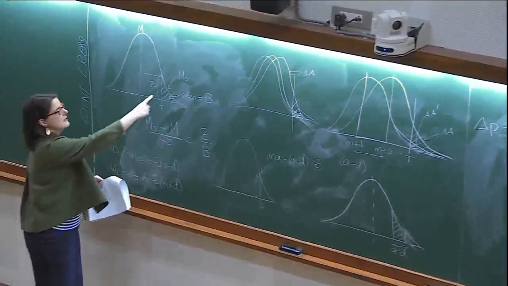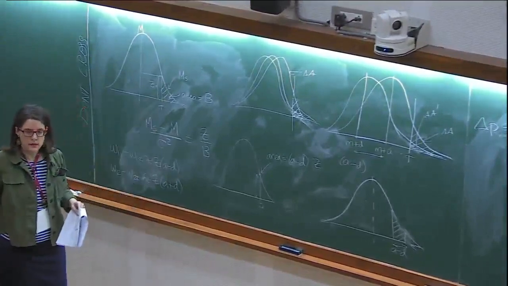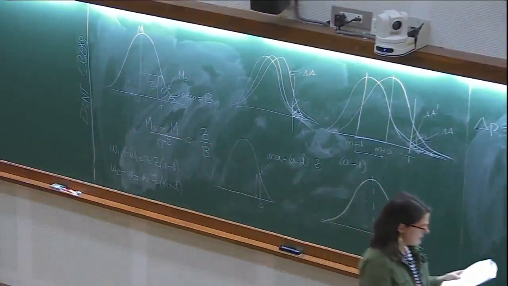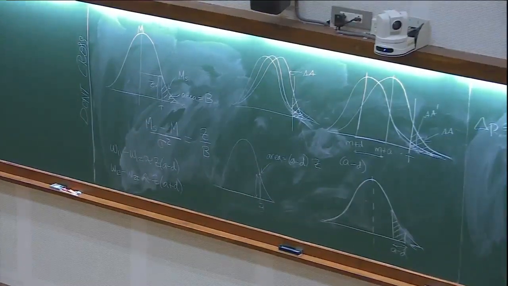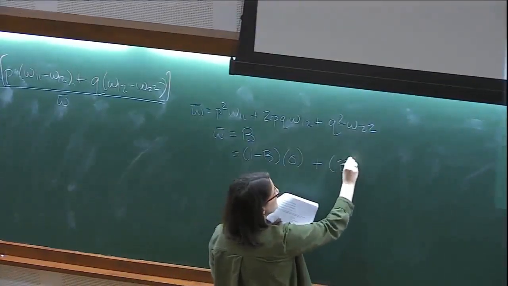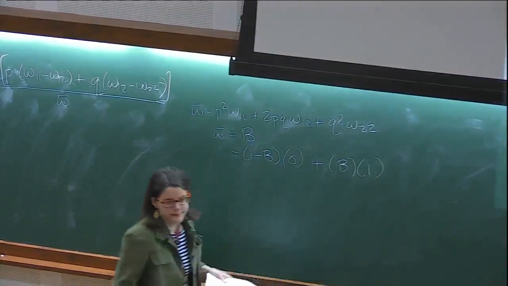The mean fitness is this proportion. So it's this area B in this case. So W bar is B for this case. You can think of it this way. There's a proportion 1 minus B of the population with fitness 0, and a proportion B that has fitness 1.